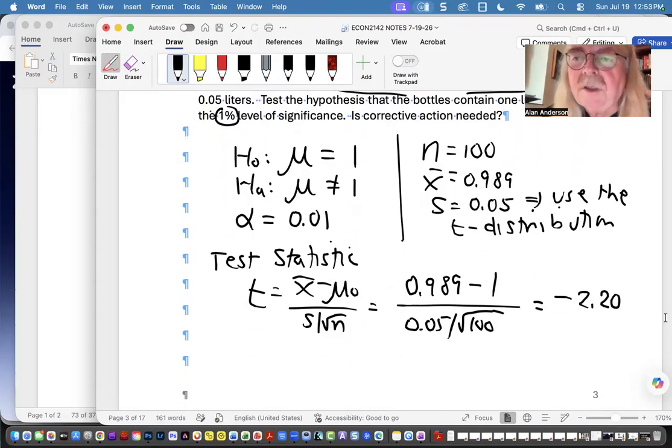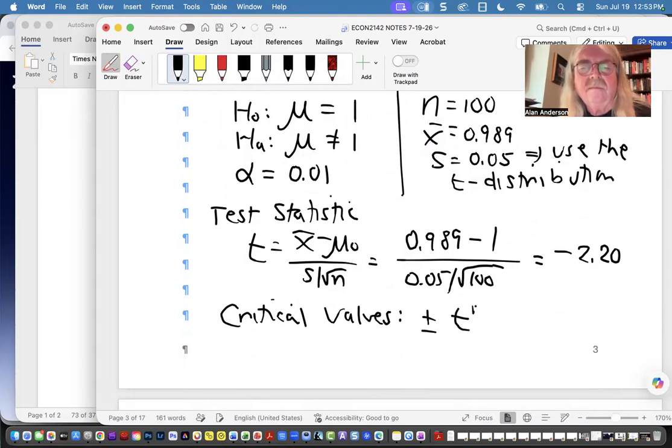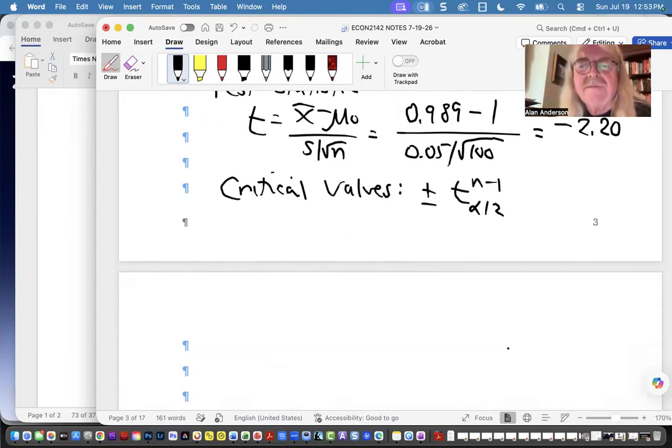All right, so let's go look up the critical value, or in this case, there's two of them. And that's because it's a two-tailed test, of course.